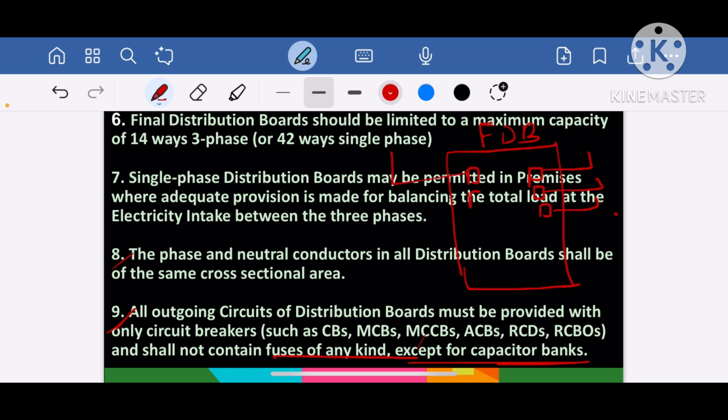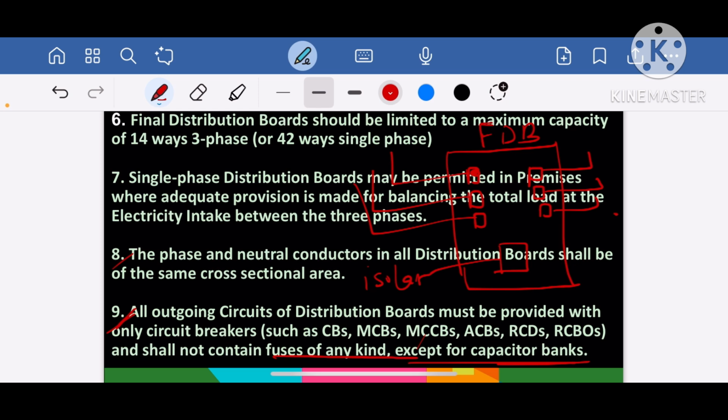The outgoing load must be fed from breakers only. But as we know, the main incomer of the FDB shall be an isolator. So this point number 9 says, for any kind of distribution board, the outgoing load shall be fed from the breaker.